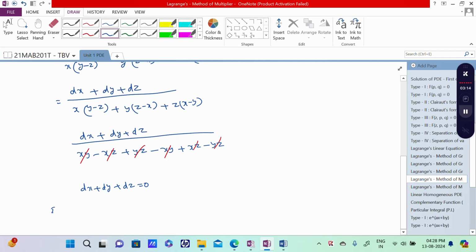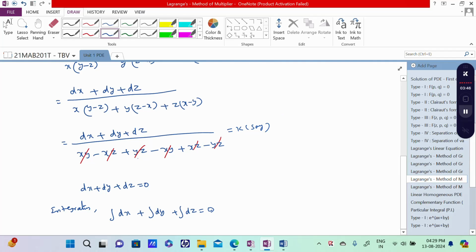Now I'm taking the integration of dx, integration of dy, integration of dz equal to 0. Whenever you look at 1 by 0, it is infinity, so how do we write the value 0? I mentioned that we are going to take some constant. In the introduction class I mentioned that k is some constant.